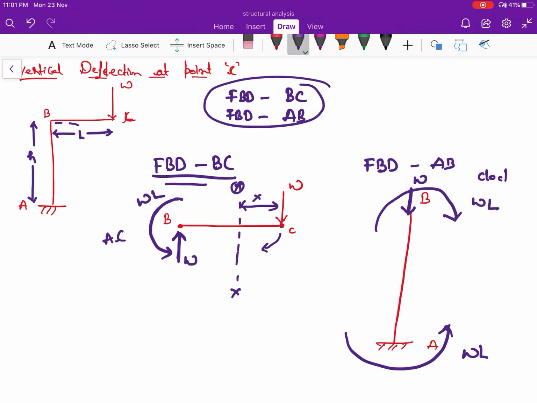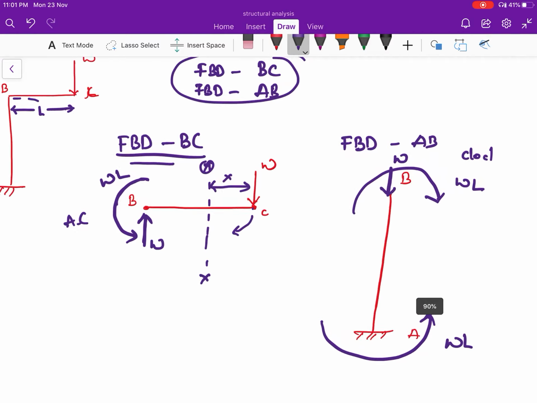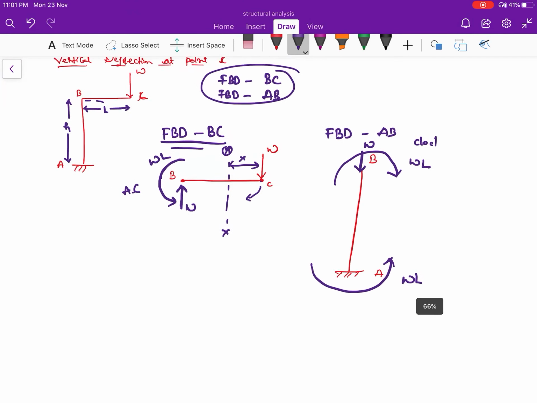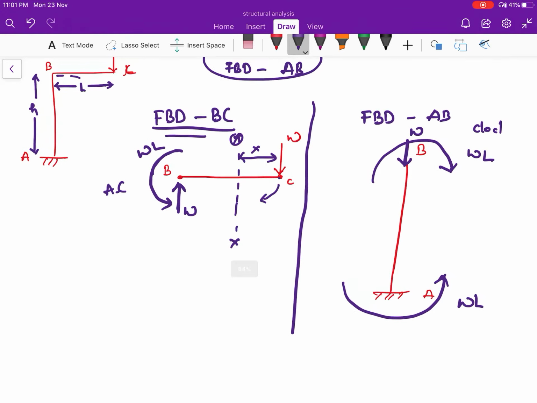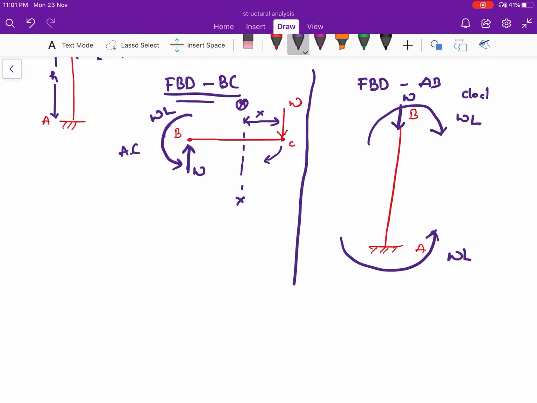In order to counteract this, there will be an anticlockwise moment. This is how you need to write the free body diagram of a structure. After writing the free body diagram, let me calculate the moment for BC. Is it fine? So the free body diagram for BC has been written.